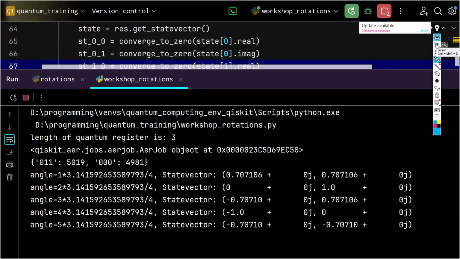The state vector simulator is not available in actual quantum calculations, because if it were, then we wouldn't have to worry about performing hundreds of thousands of different experiments and recovering the distribution from these experiments, and then, based on the results and the distribution, recovering this state.